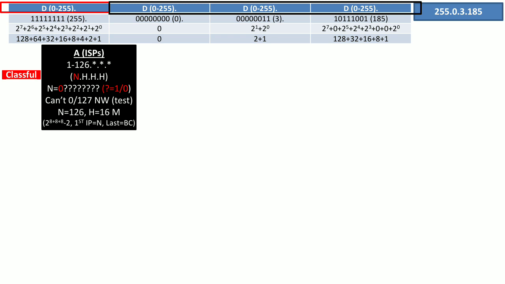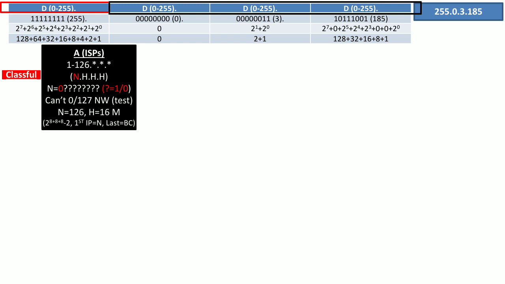The first IP in a particular network, that is all zeros in the host bits, will be used for the network address, and all ones will be used for the broadcast address, that is the last IP of that network. So if the host bits are all ones, then this is the broadcast address of that network, and this broadcast address is used to broadcast traffic in a particular network, which will be received by all the hosts in that particular network.